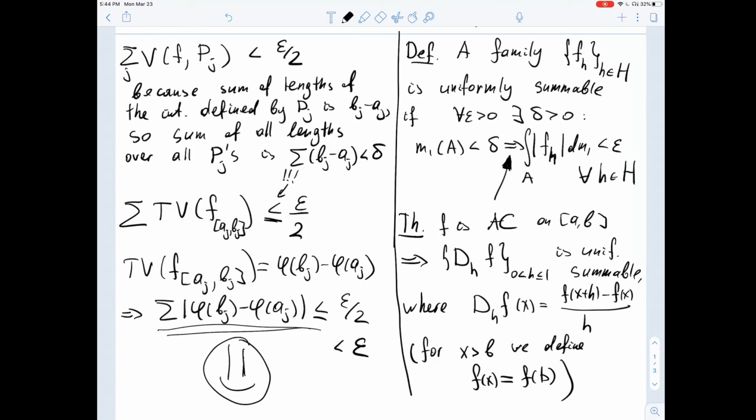So if we're able to write equals there, we will prove that the integral of f prime is equal to f of b minus f of a. But to write an equality, we need something stronger than the Fatou lemma, and this is the stronger thing. So we'll actually be able to write that the limit of the integral is equal to the integral of the limit, and so everything will be equal.